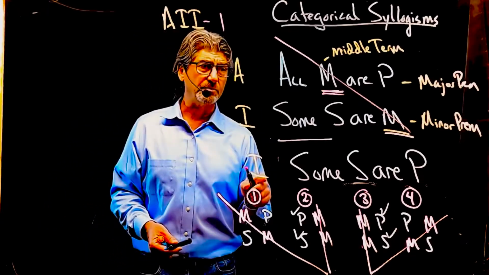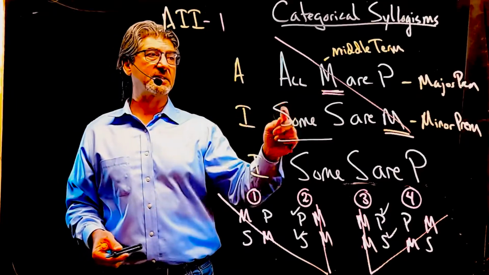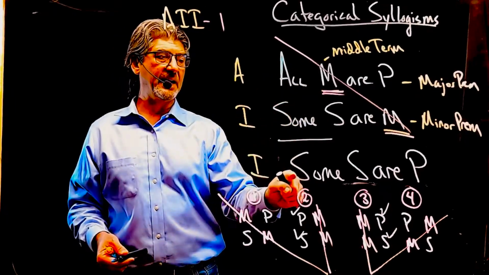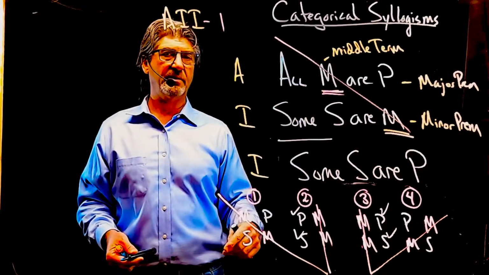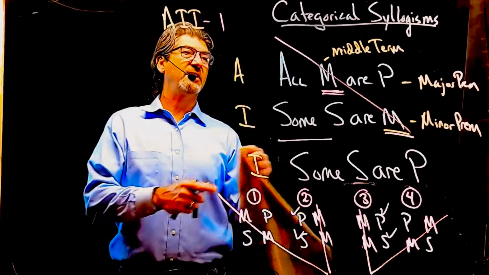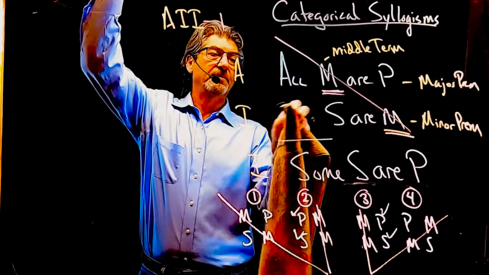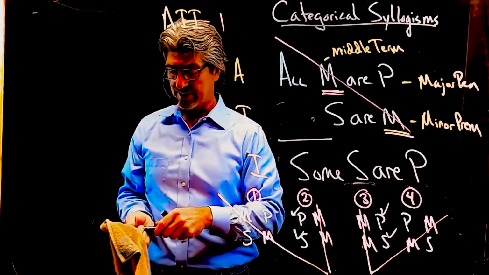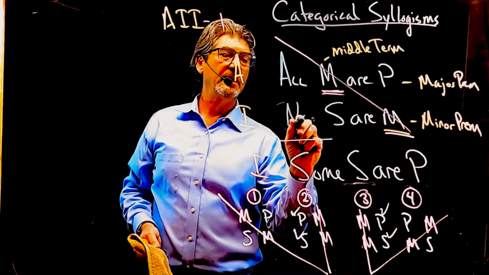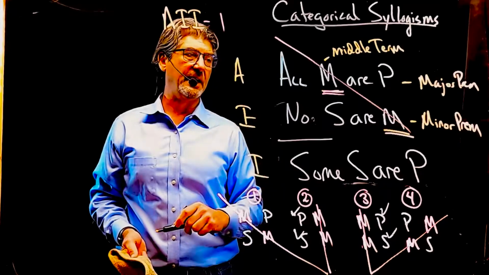Okay, so the way this works out then, you've got, in this case, an AII figure 1. If this had changed, let's say instead of an AII, suppose we had an EI. So now this becomes an AEI.